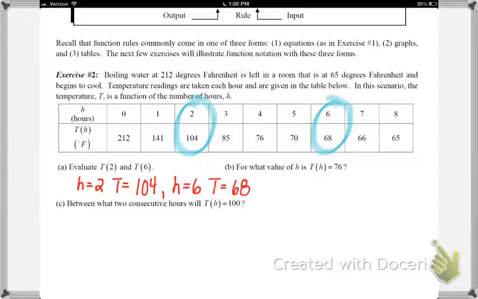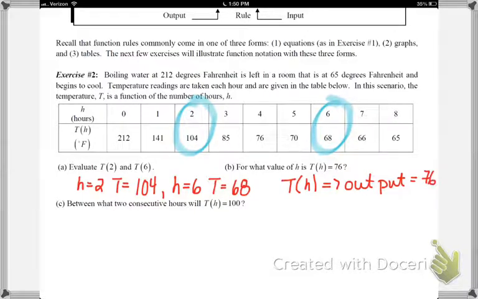Now for B, for what value of h is t at h equal to 76? So t at h, we want an output equal to 76.